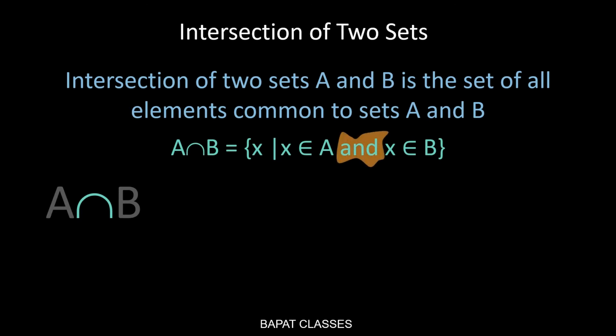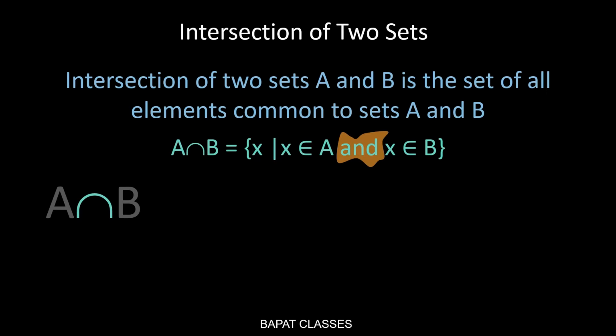Both the conditions must be true. X belongs to A as well as x belongs to B. Remember, for union we have used OR operator. Here we have used AND operator.